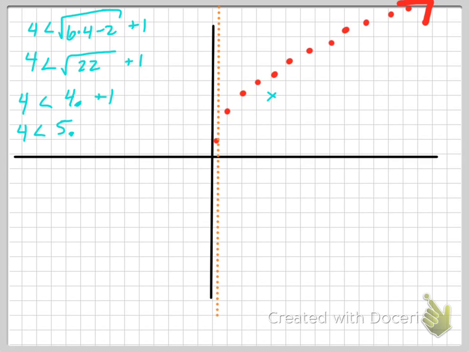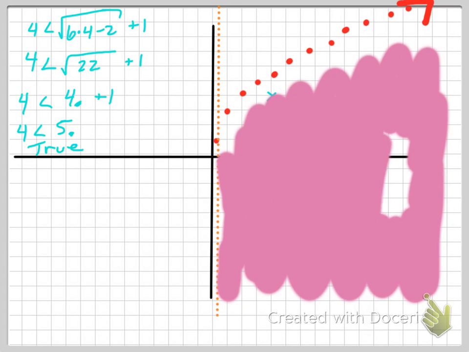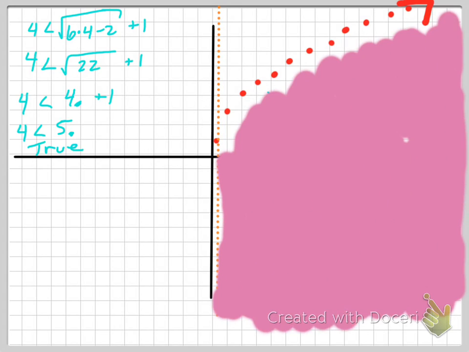So now what I'm looking at is 4 is less than 5 point something. Is that true? Yes. 4 is less than 5 point something. So our 4 point is true. So we shade below the graph in the area where the graph exists. Which would be that area, yeah, all the way down.